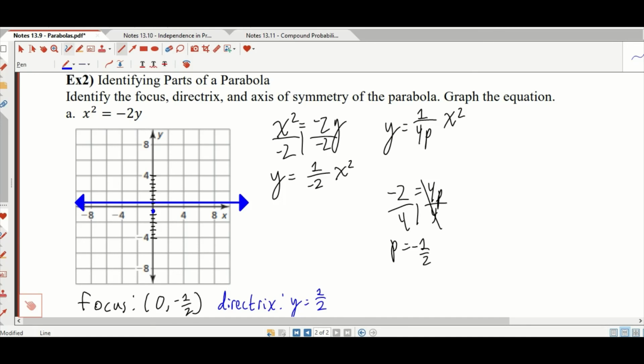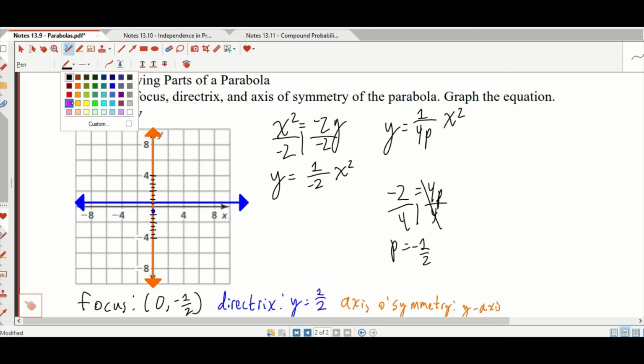So what you're going to do to actually graph the axis of symmetry, I'm sure you noticed, is the y-axis. This guy. And so the vertex is going to be here at 0, 0, because that's halfway between 1/2 and negative 1/2.